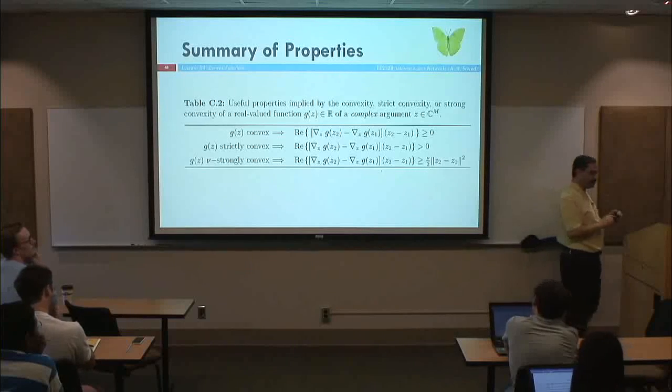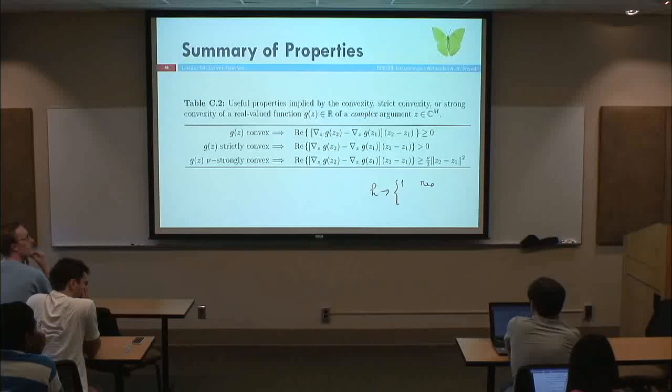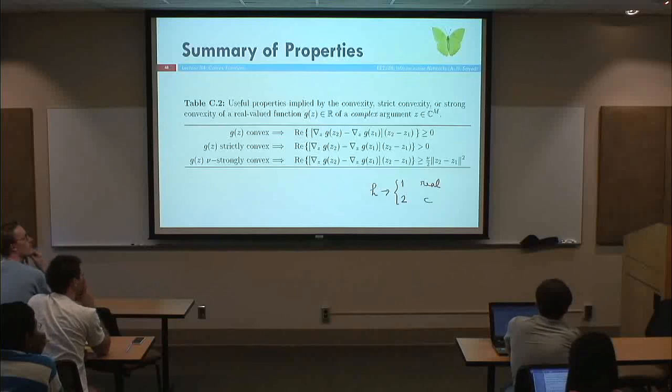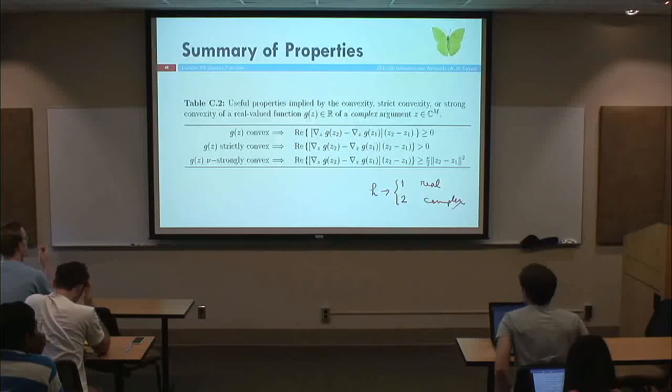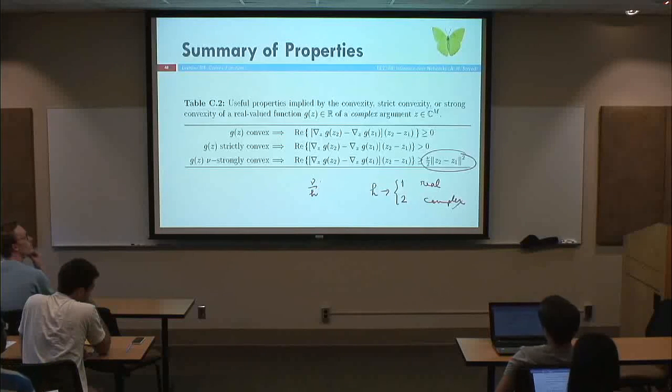When we start studying algorithms, I will be introducing a variable h, which I call the type variable. It will be 1 if your data is real. It will be 2 if your data is complex, right? And I will always be writing this bound like this, so that I don't have to worry.